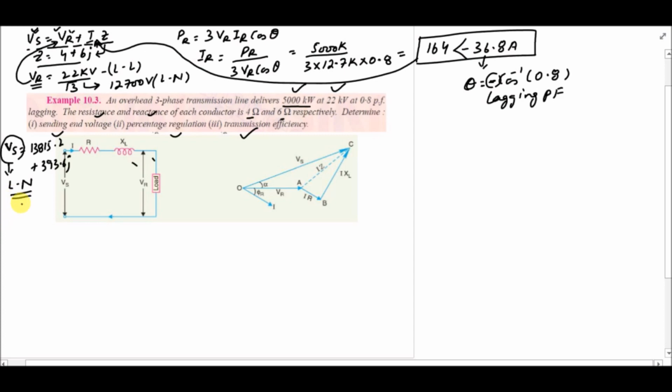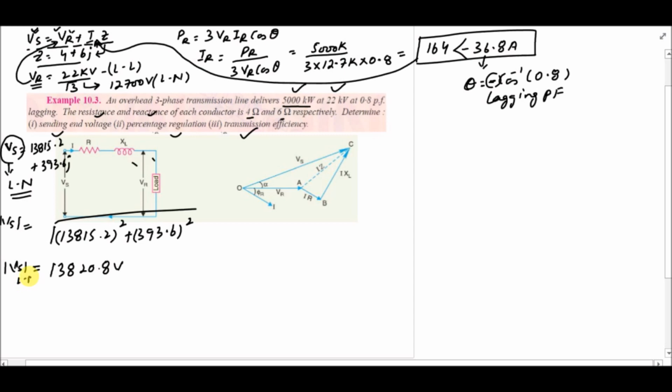If you have to calculate the magnitude for the sending end voltage, that will be equal to the square root of 13815.2 square plus 393.6 square, and it will be equal to 13820.8 volt.